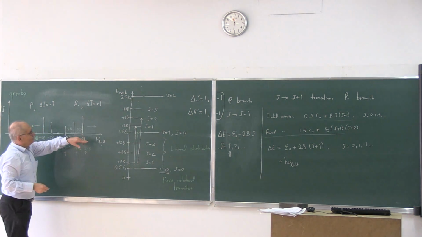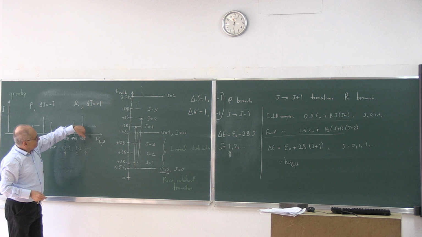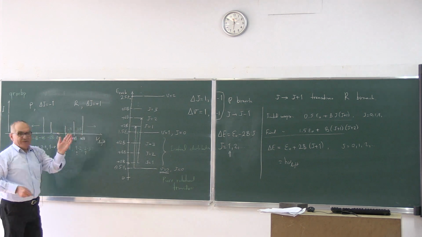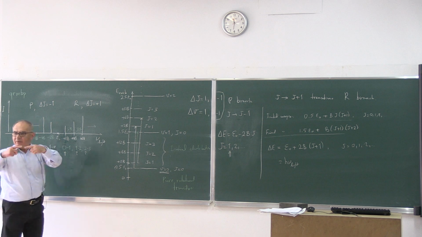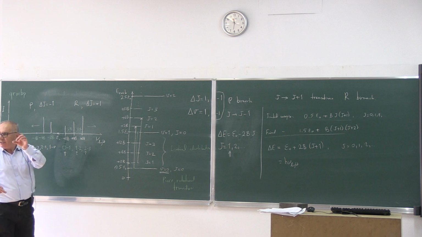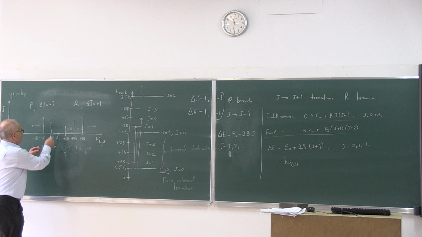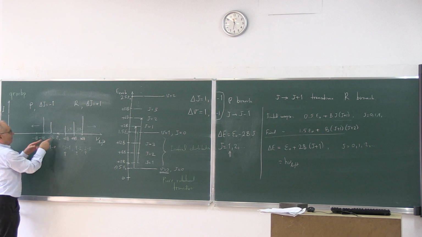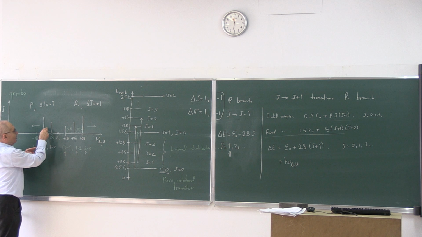And you may imagine that for the remaining absorptions, the difference between successive ones, the one and its neighbor, is a constant. It is 2B. On this side, what is the spacing? For instance, this spacing, minus 2B minus minus 4B, again 2B.